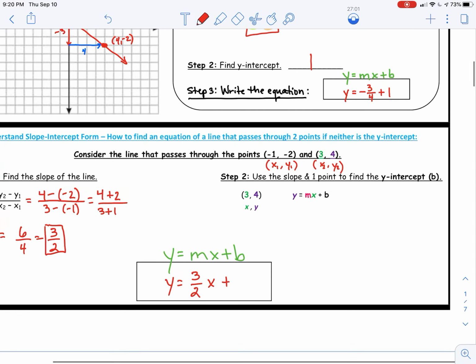We don't have a set of points provided for us that are falling on the y-axis. Well, there is going to be one, but by looking at the points they give us, we don't know what that is. Now, there's a good possibility that you could actually graph the points that are given to you. -1, -2, let's say it's down here somewhere, and 3, 4 up here.